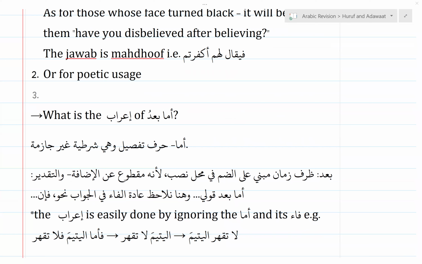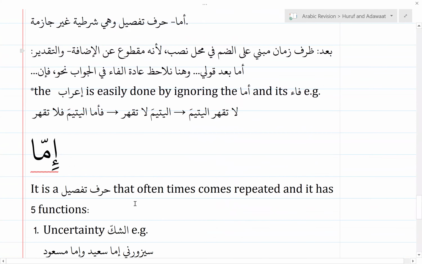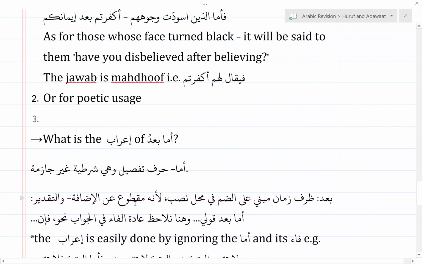So as I understand it, amma by i'rab will be taken as a harfu shart, okay? Yes. Now by ma'ni it can differ, right? By ma'na or function, it's still tafsil. It's still offering an explanation. Like it's not like imma, which has more functions. By ma'na, it can be tafsil, it can be tawkid, right?